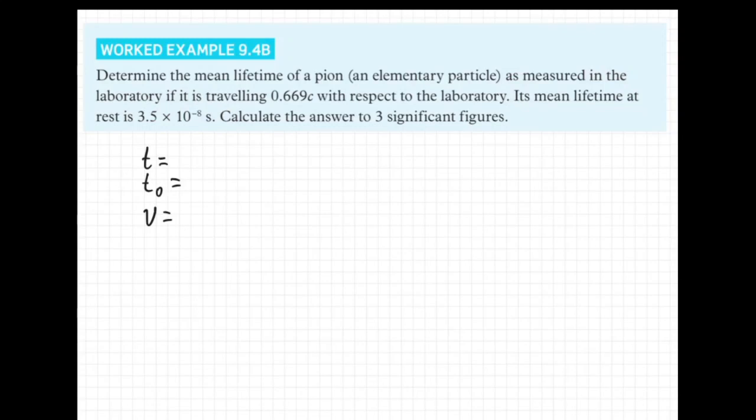So our proper time is, in this case, 3.5 by 10 to the power of -8 seconds. And our velocity is 0.669 c. Let's find t.